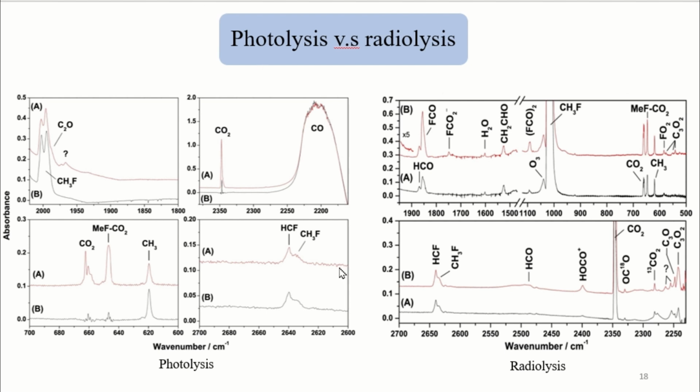So let's compare the absorption spectra of photolysis and radiolysis. You can see that photolysis and radiolysis are completely different. The bands are much more intense, so using an electron gun can generate more product. It confirms that the electron gun is more efficient.